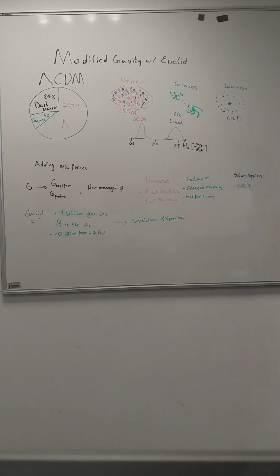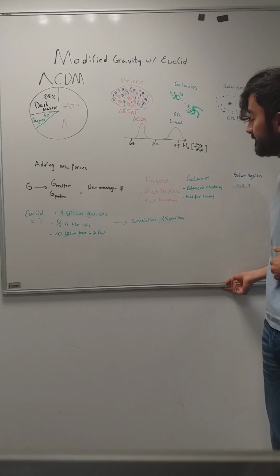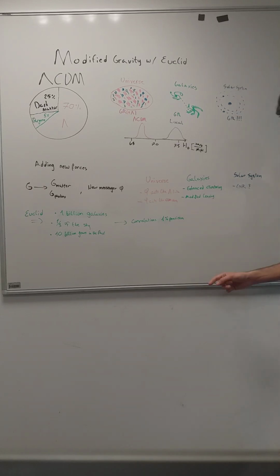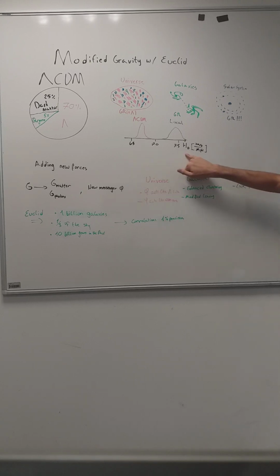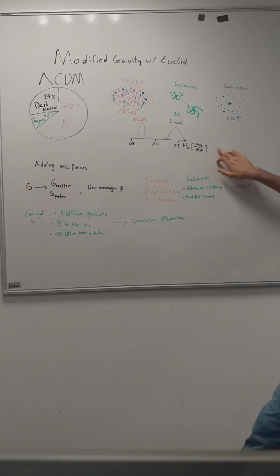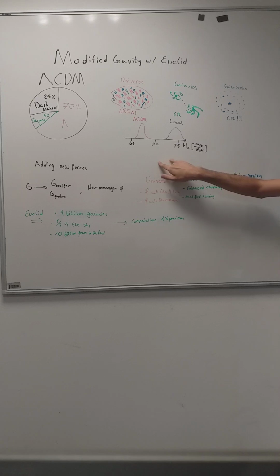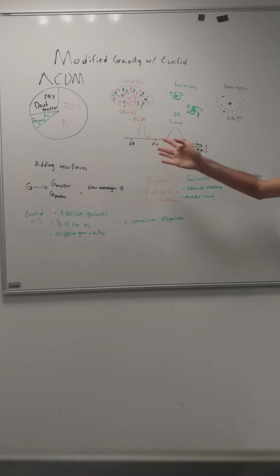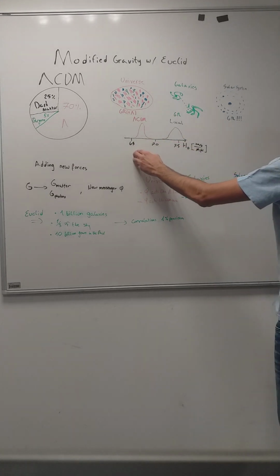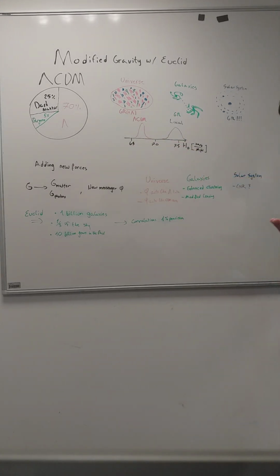But this lambda CDM model faces some difficulties in recent times. Measurements of the early-universe expansion speed of the universe, often parameterized with H0, which has some funny units, kilometers per second per megaparsec, give us a value around 67, while local measurements of the local expansion speed give us measurements around 74, which is not within the errors of those two measurements.